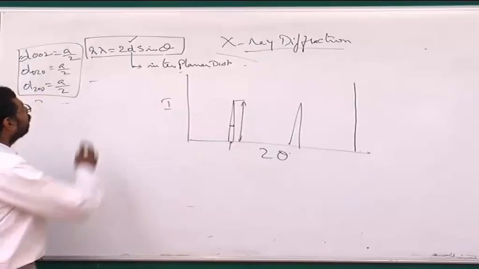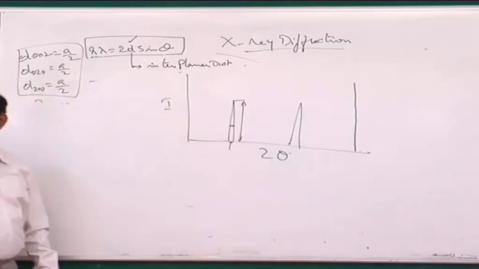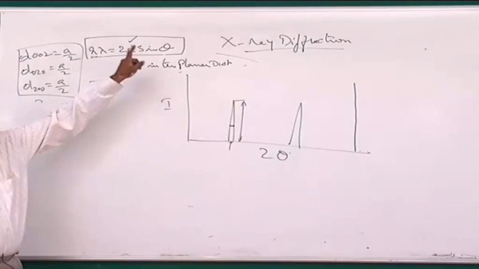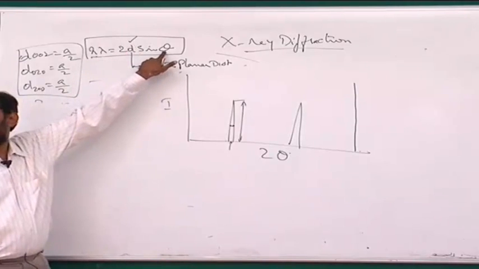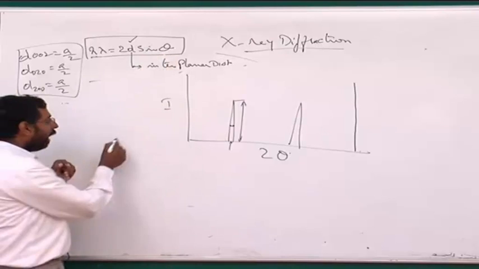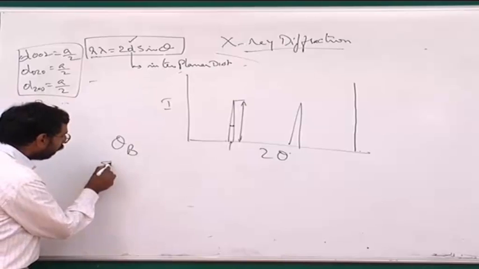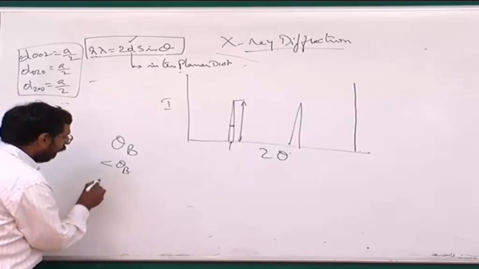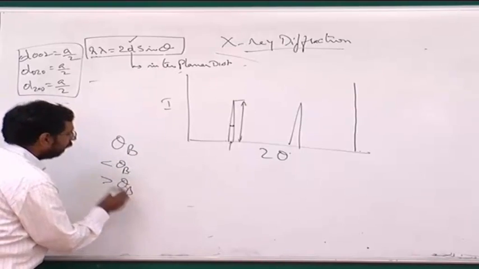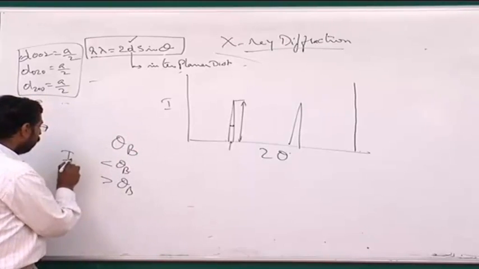The reason is lambda equal to 2d sin theta. What does it say? That means constructive interference takes place only when the diffraction angle is a Bragg angle. At any angle smaller than theta B or larger than theta B, the intensity has to be 0, I equal to 0.